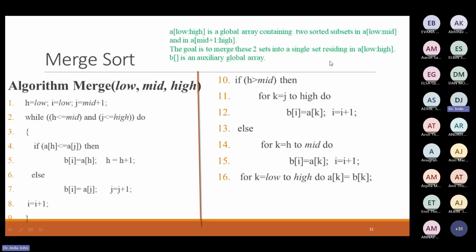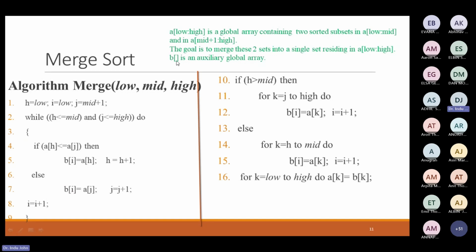It creates a temporary array that will be used for merging the left half and the right half, and then after storing the sorted array in B, you will copy it back to A, so that A becomes sorted. We will see that as we look at this procedure.